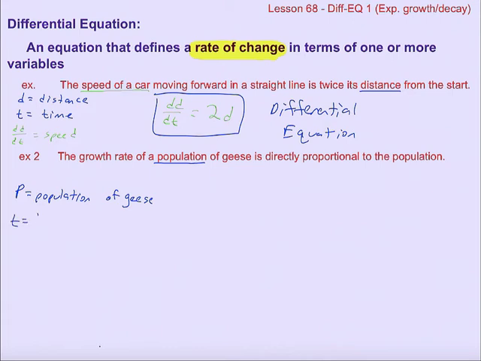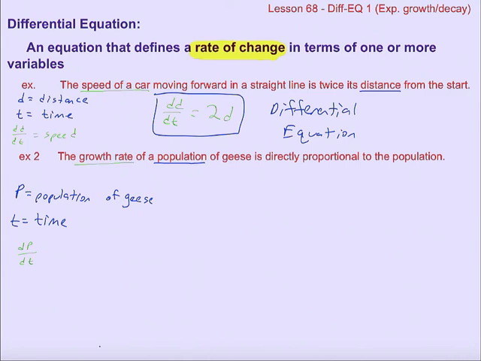And we're still talking about time, which is going to be a common theme here. And then again, that other variable is the growth rate. That's the rate of change of the number of geese. That would be dP/dt. By the way, population, when it's used as a variable, is often referred to with a capital letter. I really don't know why, but that's just what you'll see most often.